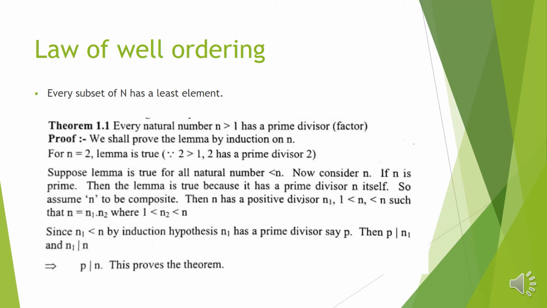Since n1 is less than n, by induction hypothesis n1 has a prime divisor, say p. Then p divides n1 and n1 divides n, therefore this implies p divides n. This proves the theorem.